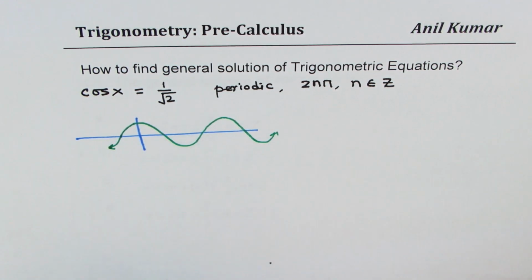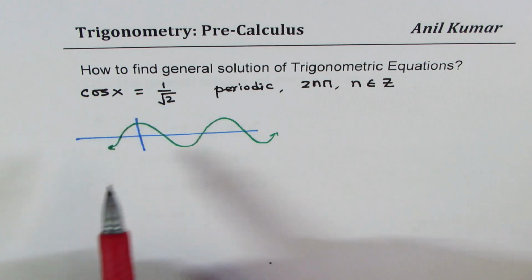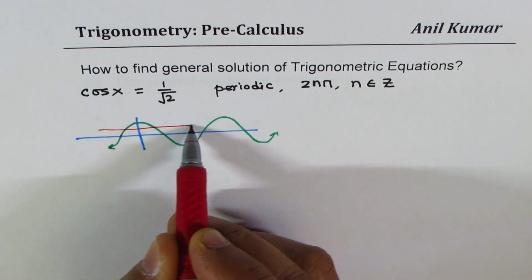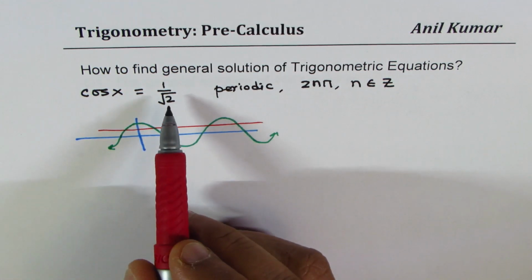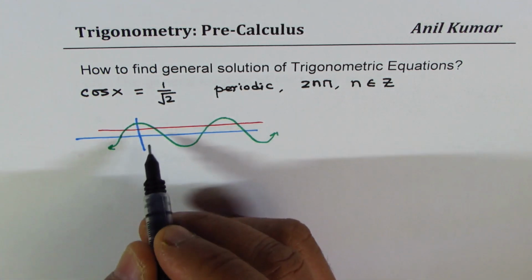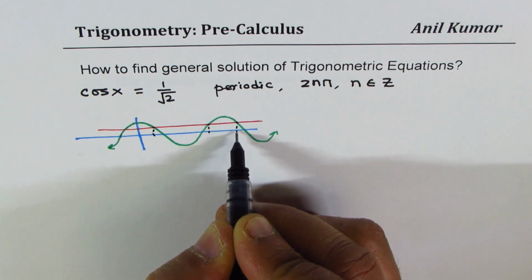So if I'm saying that cos x is 1 over square root 2, that really means that a line at one over square root 2 will be intersecting the graph at different points. So we are looking for these values, right? Does it make sense?